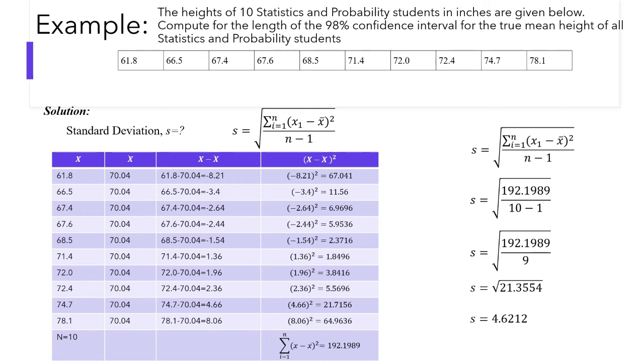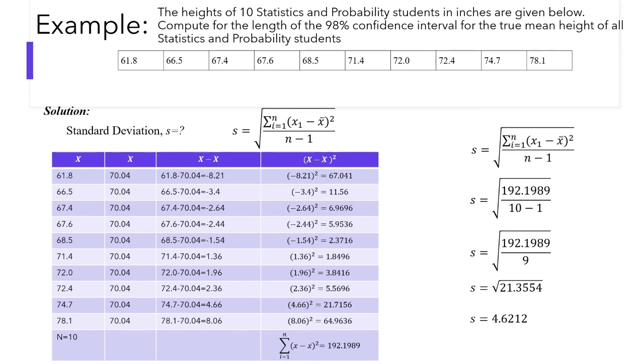We will add all the values in our fourth column. We will now have 192.1981. We will substitute that in our formula. For us to get our standard deviation, we will now have the square root of 192.1989 divided by 10 minus 1.